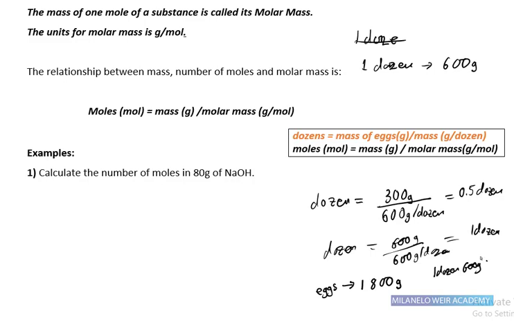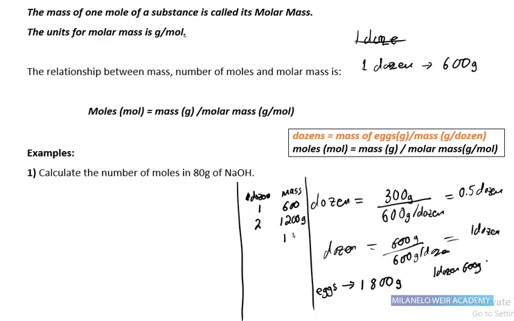Now let me do it. 1 dozen is 600 grams. 2 dozens is 1,200 grams.